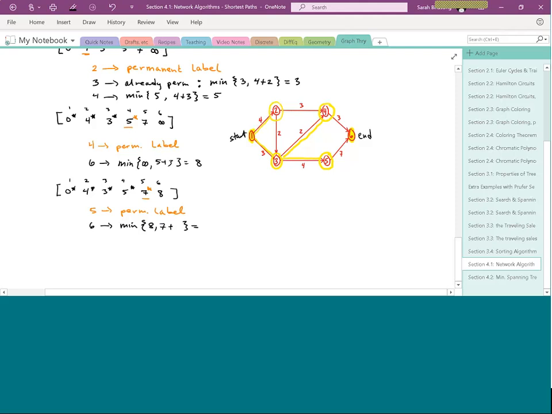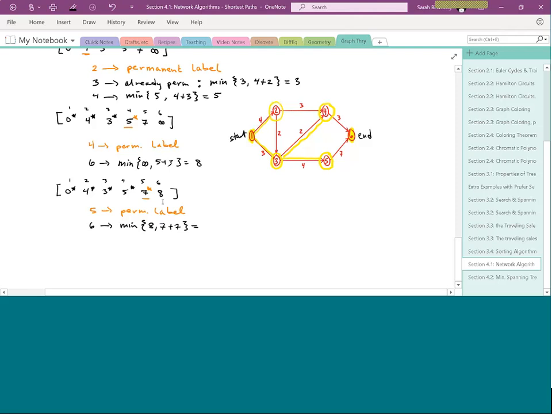It's going to be 7 plus something. 7 comes from your label on 5. What would be, ooh, almost. You're reading off the wrong vertex. Yeah, there you go.